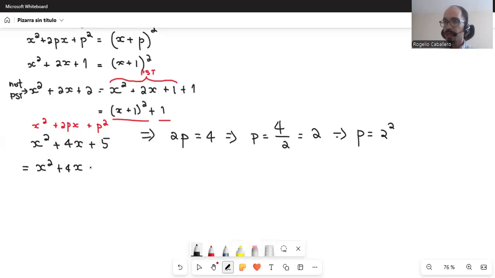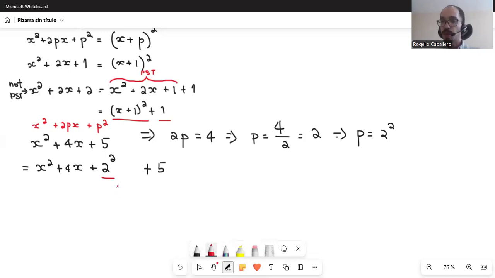So let's add that 2 squared. And as you can see, we already have here the perfect square trinomial that we were after. However, we have some other stuff to do. We also have a term here, plus 5, and we can't add this 2 squared out of nowhere.